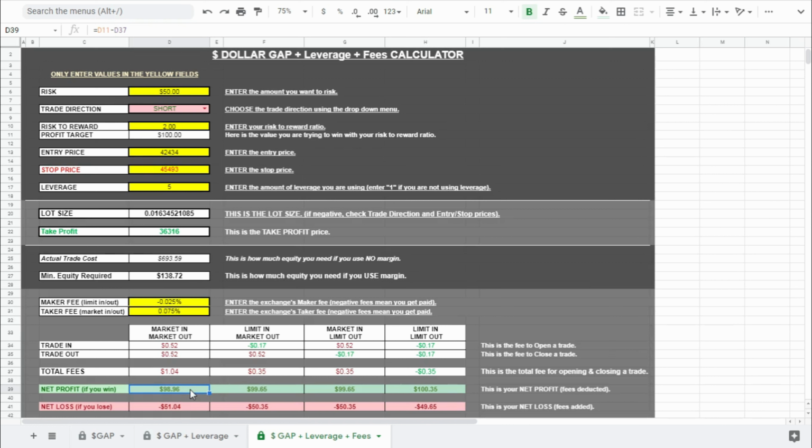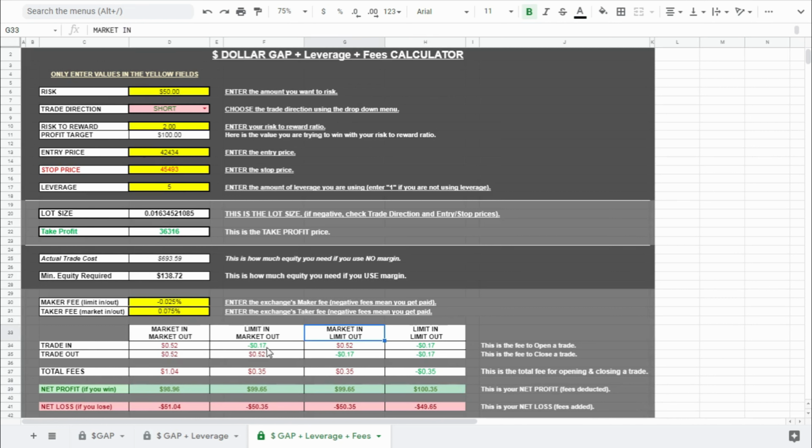Compare this with the worst scenario where we market in, market out. Instead of getting the $100, we get the $100 minus the fees, which were a positive value. But if we limit in, limit out, we actually get paid a little bit more, so no fees. So the $100 which we wanted to make, plus what Bybit pays us for adding liquidity to the market.